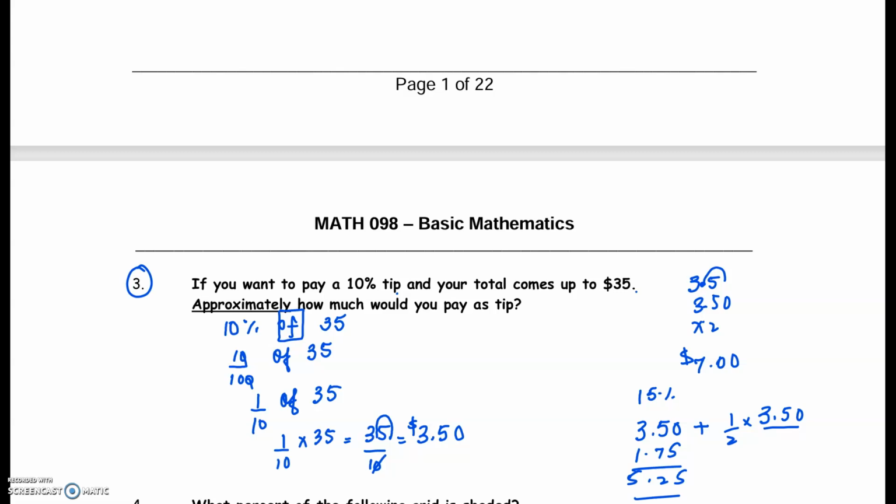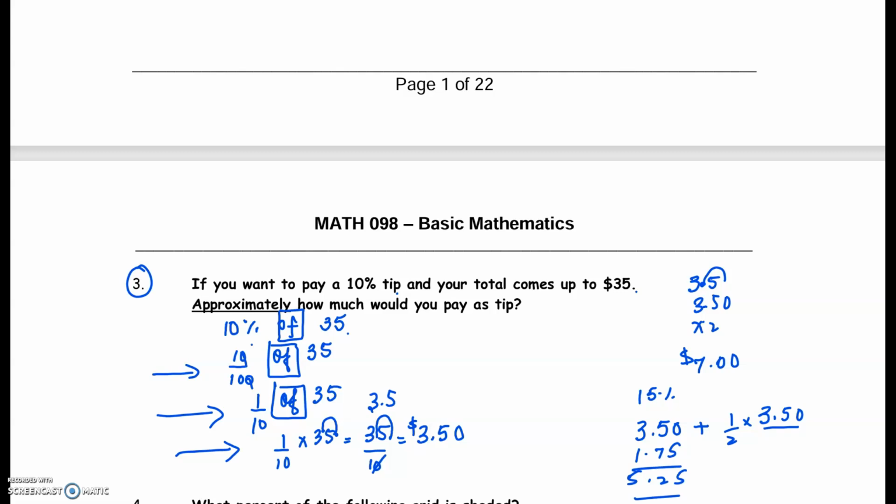So 10% of 35 is the same as 10 over 100 of 35, which is the same as 1/10 of 35. And we've seen that division by 10 is simply shifting the decimal point, which is at the end for a whole number, one place value to the left, which makes it a 3.5, and 3.5 is $3.50.